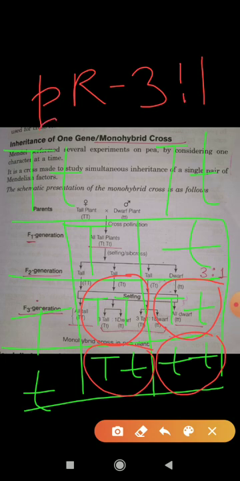But if I write the genotype ratio for the F2 generation, what will I write? TT homozygous tall 1, heterozygous tall 2, and 1 tt homozygous dwarf, so 1:2:1.